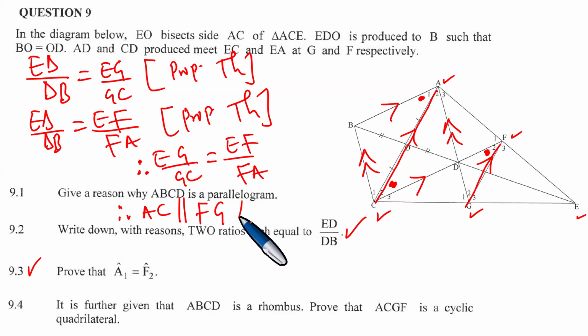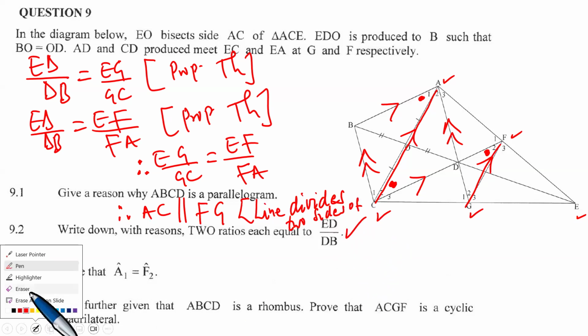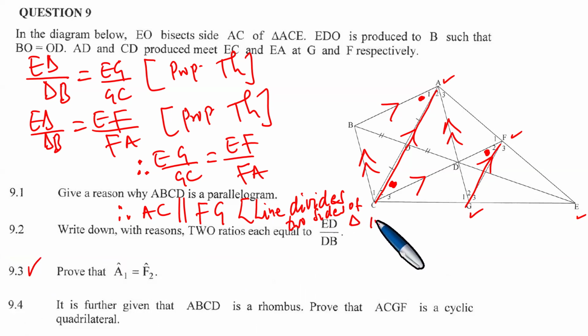The reason for that is: a line that divides two sides of a triangle in proportion is parallel to the third side.